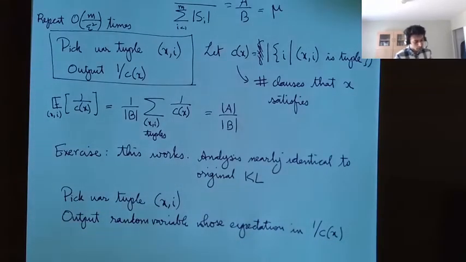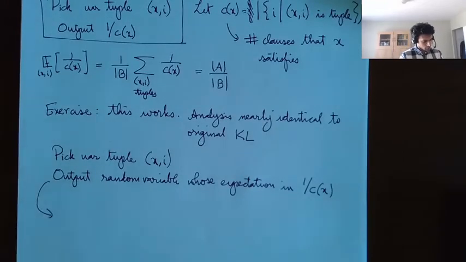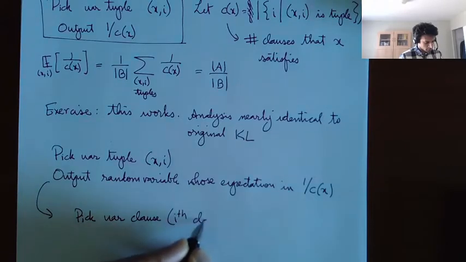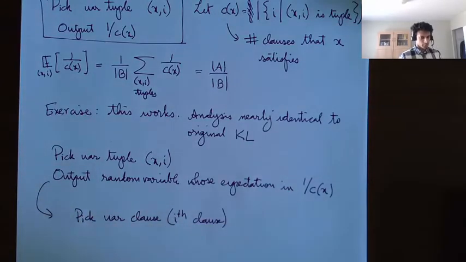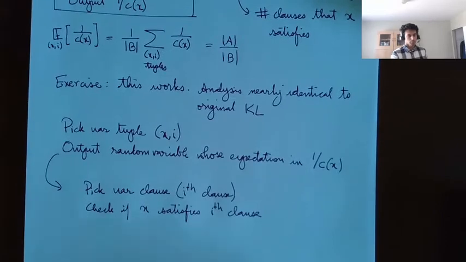Okay, so how does this work? Repeat the following. You pick a uniform at random clause, let's say the ith clause. Check if x satisfies the ith clause.